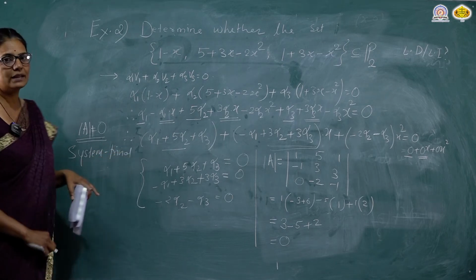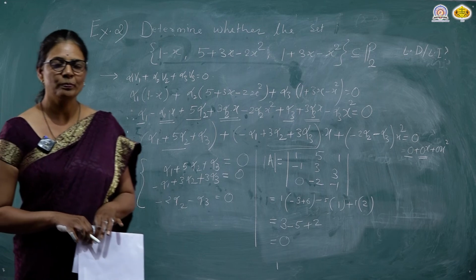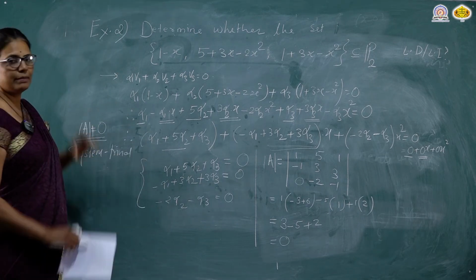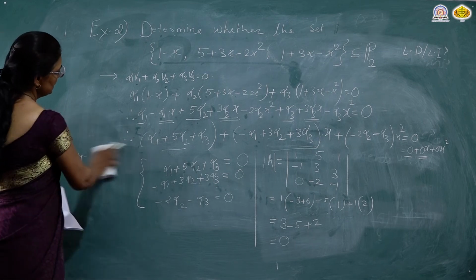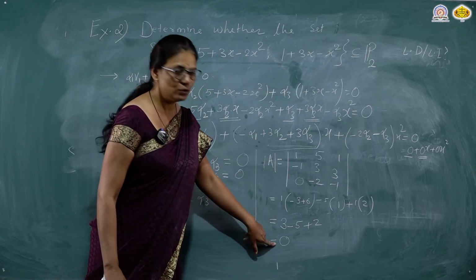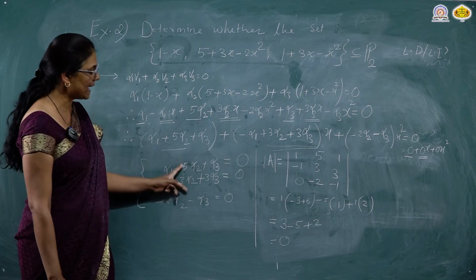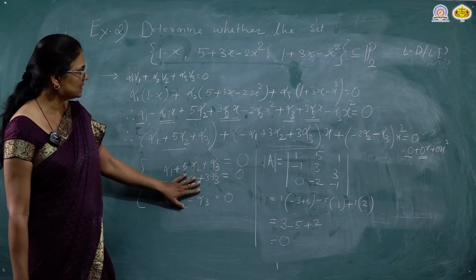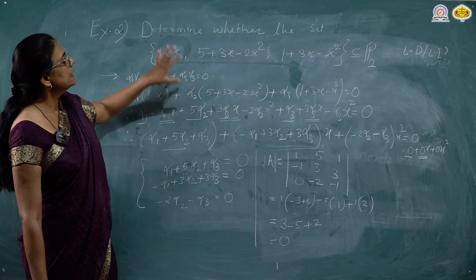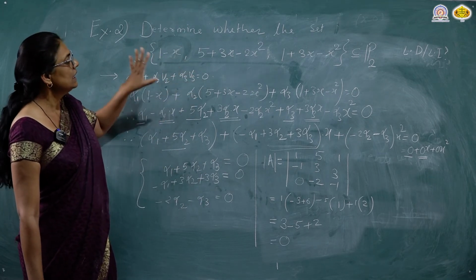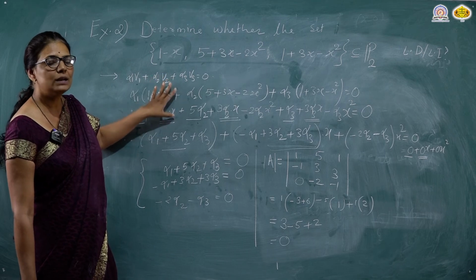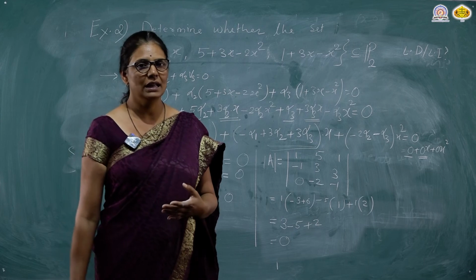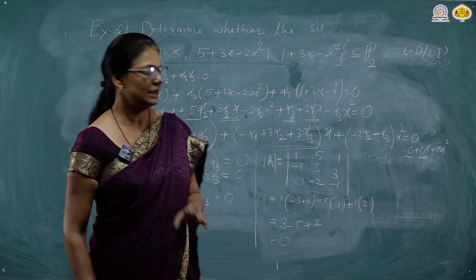Trivial solution means all variables are equal to 0, and so the given set is linearly independent. But in this case, since the determinant is 0, this homogeneous system has a non-trivial solution, that is, a solution other than 0 exists, and so the given set is linearly dependent, that is, the vectors are not linearly independent.